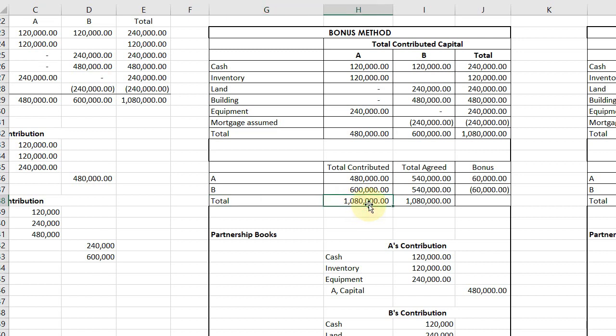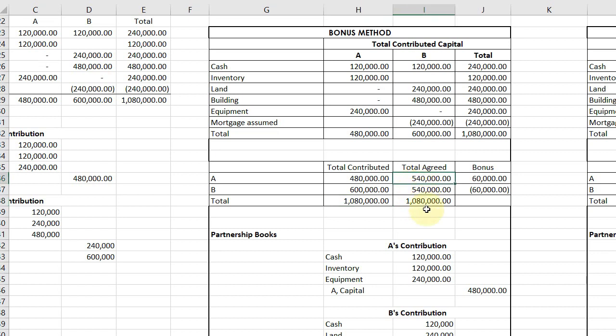Okay? The problem says they want equal capital credits. Total agreed: this is where you put what they agreed on, disregarding contribution, the capital credit they want. What you need to do first is find the total capital credit of the partnership from the total contributed. This is not always the case, though. Sometimes only the total agreed of partner A is given, then you work back.